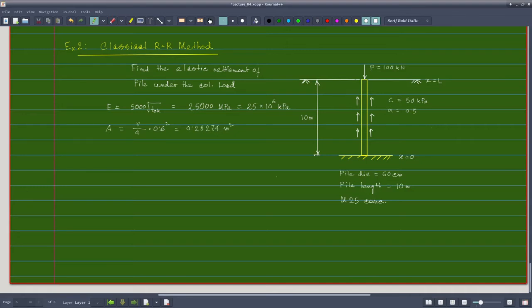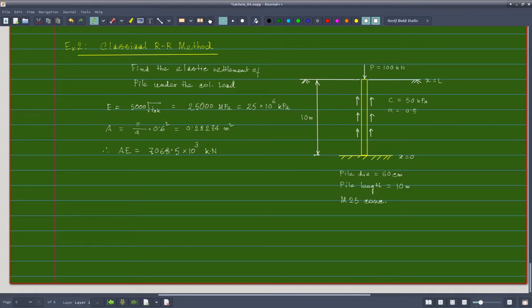So the value of AE, it is always good to calculate the value of AE, because I know that it will be required again and again, so AE is 7068.5 into 10 to the power 3 kilonewton. Okay, so these are some initial calculations.